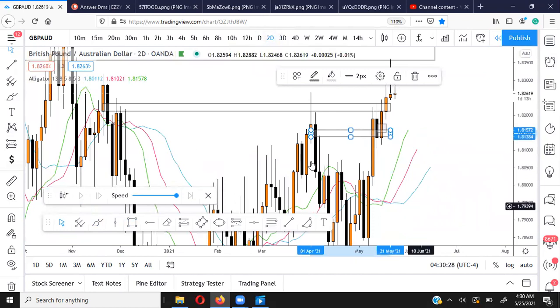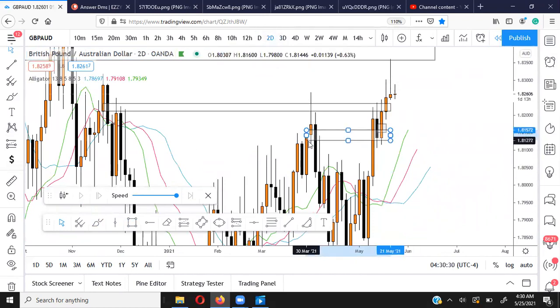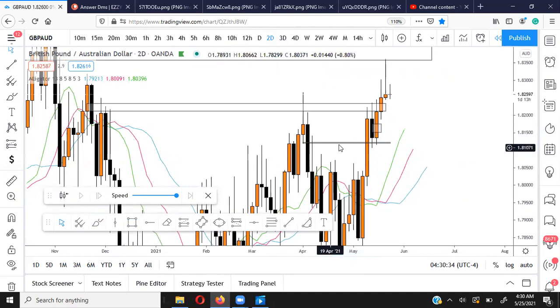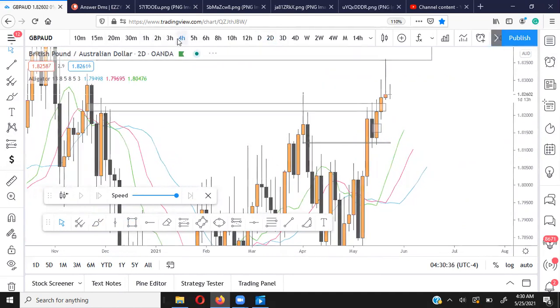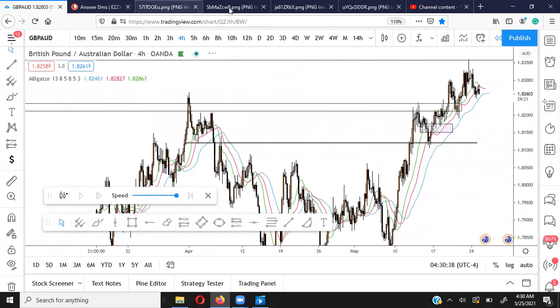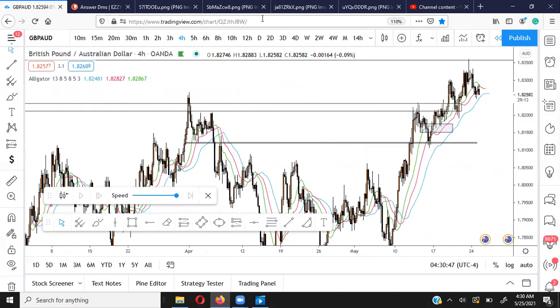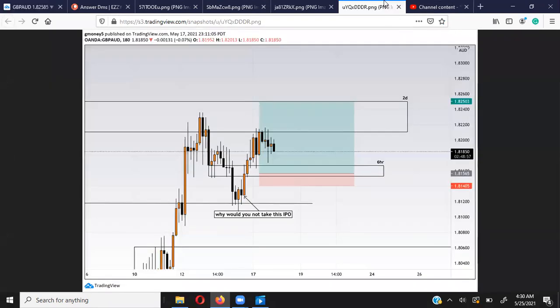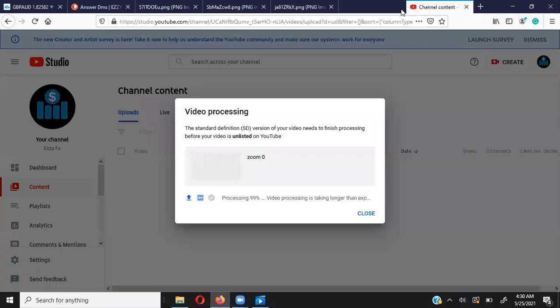It already showed you that that's the correct one. So the retest happened. As you can see, the market didn't go below this IPO for the retest. It's just perfection. I have no doubt in my mind this is one of the most accurate strategies out there right now, to be honest. So you guys have to be on top of this.